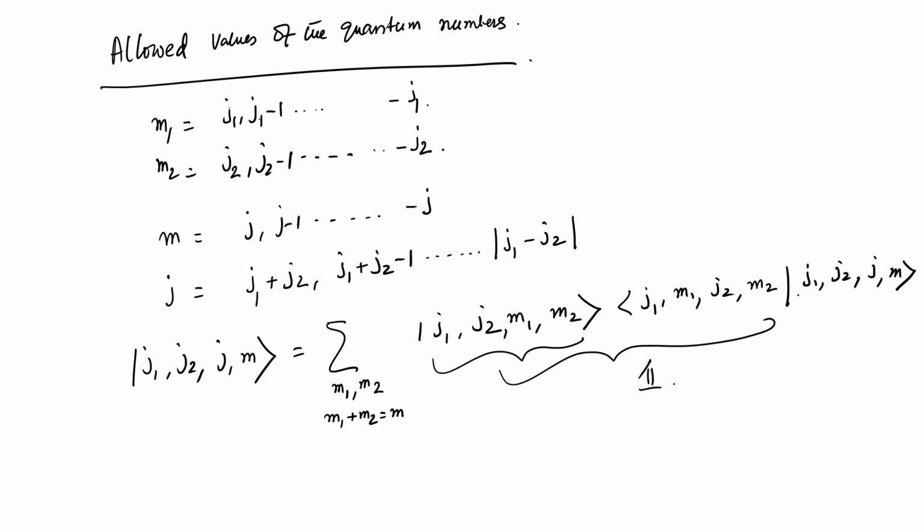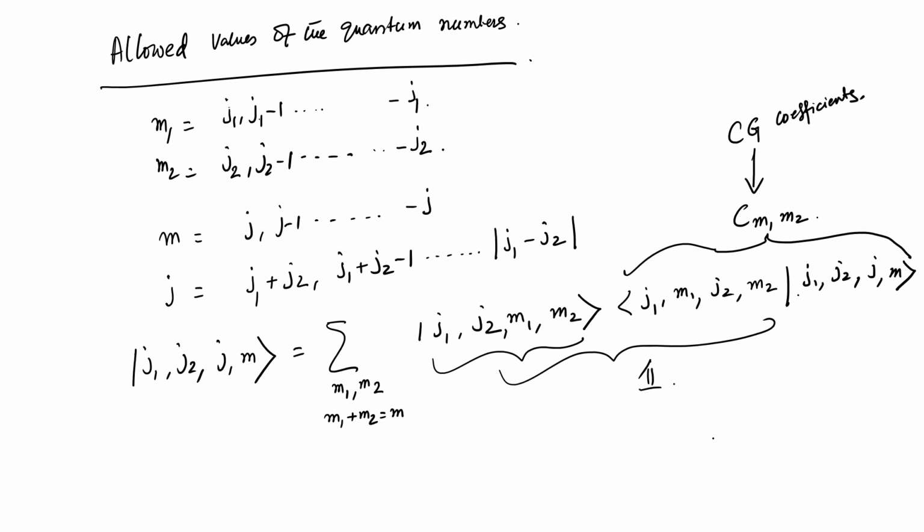This thing is called the Clebsch-Gordan coefficients. We can call it C of M1 M2 because those are the things that are summed over. We will write in short Clebsch-Gordan CG coefficients, and this is what we want to find out.